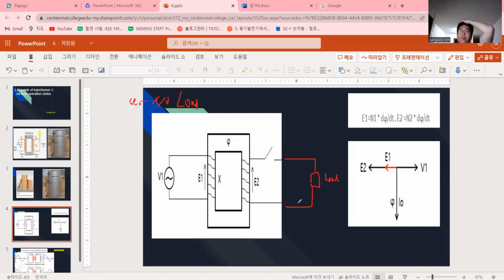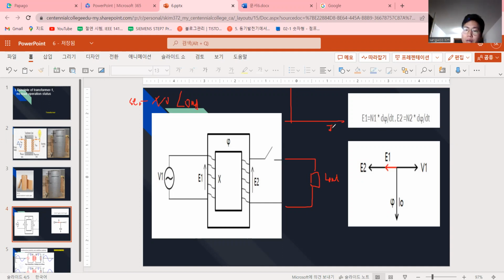So first of all, as you know, this steel iron core has a saturation part. If you don't know what saturation means, go back to the lecture where I mentioned hysteresis and the saturation part. You have to learn it.